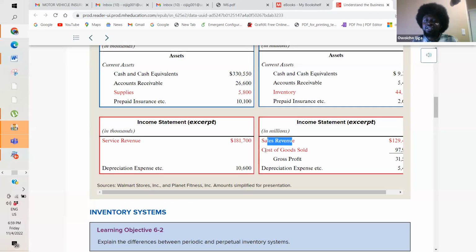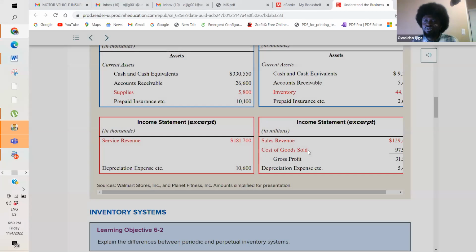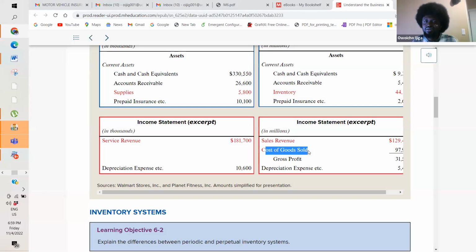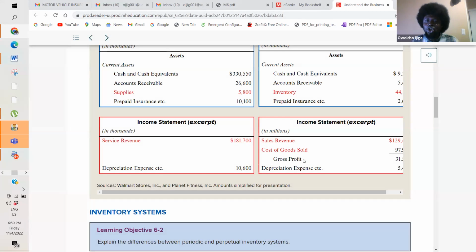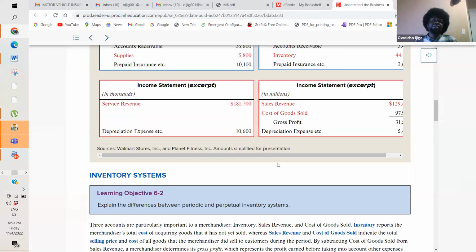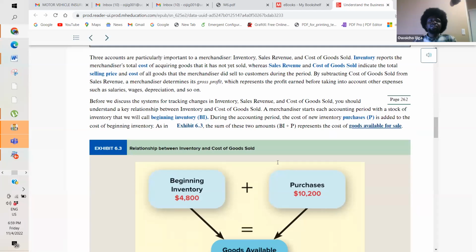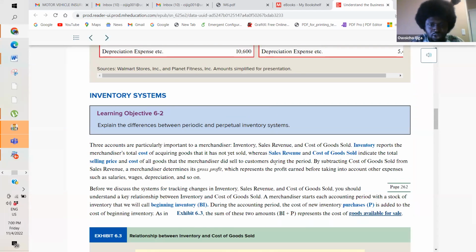And merchandising companies have the cost of goods sold, of which the difference between the sales revenue and the cost of goods sold gives you the gross profit before you can have other expenses and so forth. So the next part I want to take you all to is the inventory systems.